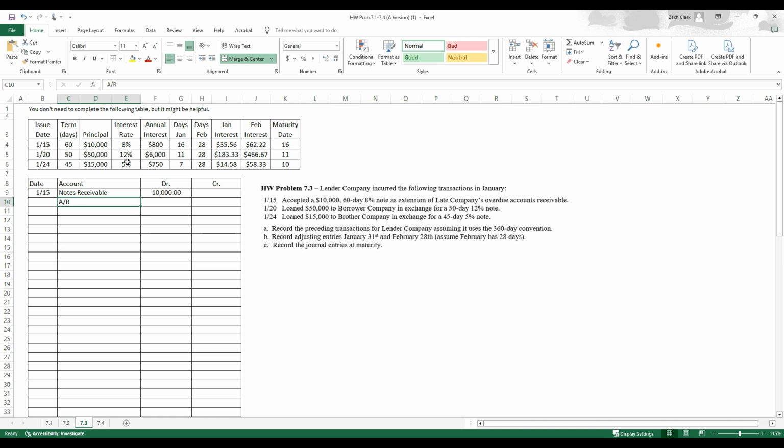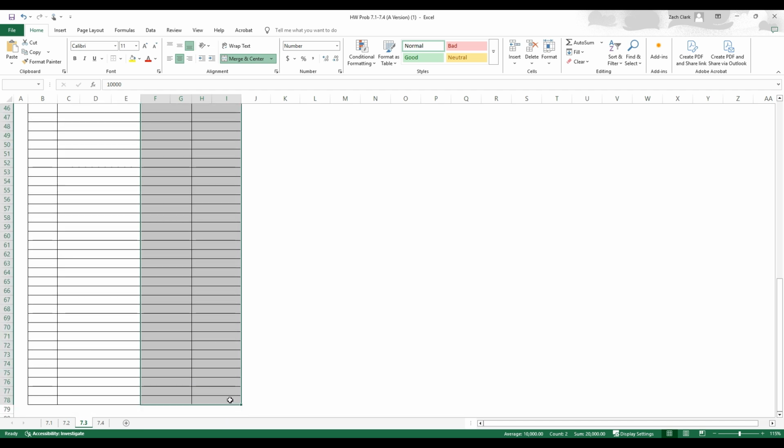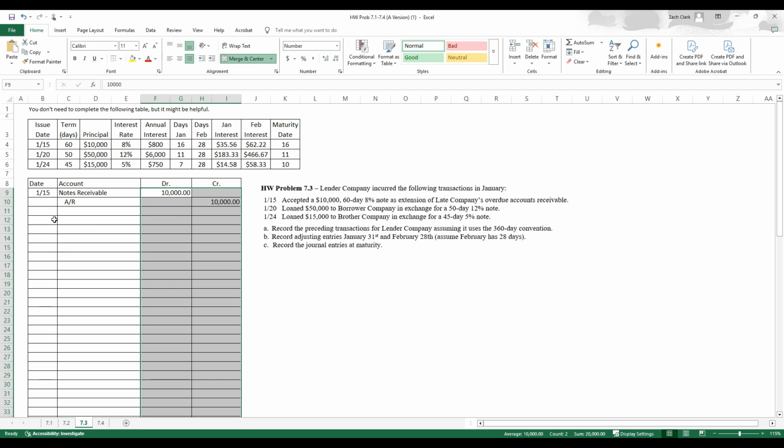This one was AR that we allowed them to turn into notes receivable. So usually we have cash as an outflow, but in this one, we are changing their AR into a receivable instead. So it's a little different than the norm. And we'll say late co 60 day 8%, and we'll do italics. So that's our first note.